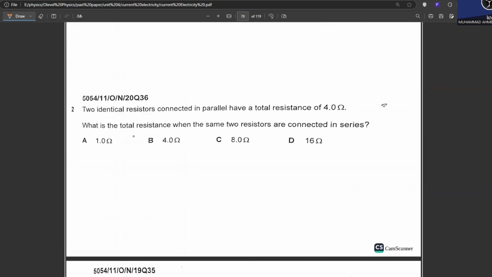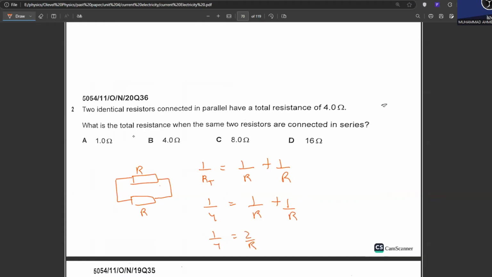Okay, let's see this. Two identical resistors connected in parallel have a total resistance of 4 ohms. Let's say each is a resistor R, connected in parallel. Their total resistance is 4 ohms. So 1 upon RT is equal to 1 upon R plus 1 upon R. RT is 4, so 1 upon 4 is equal to 2 over R. R is equal to 8 ohms.